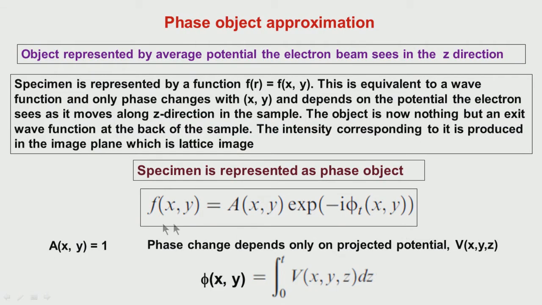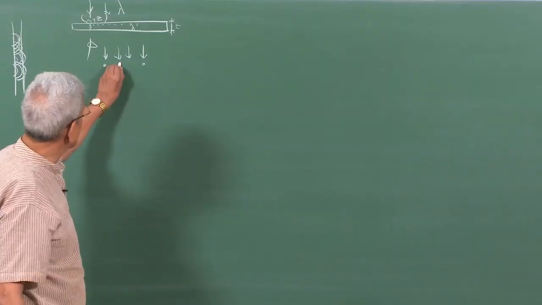Okay. So, this has already been explained, and in a general formula we write it at every point as A x y. What is essentially important is that when the electron beam enters here or here or here, depending upon where exactly it is entering, the potential is going to change.